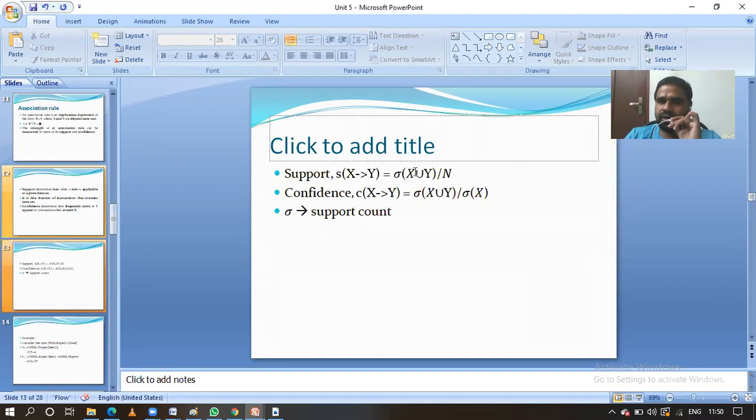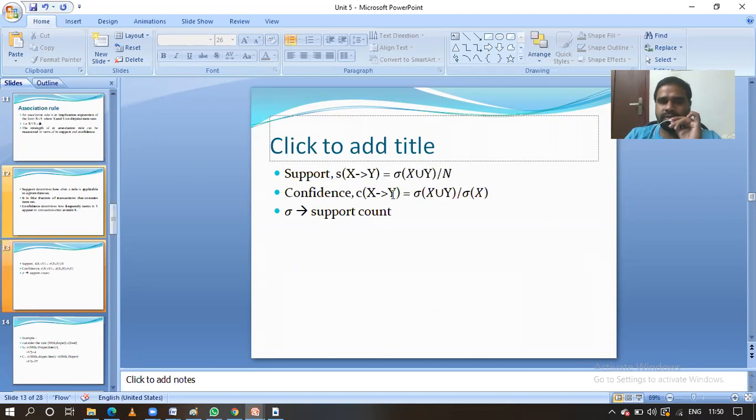Suppose X has some item set and Y has some item set; the combination means all the items in X and Y. That support count divided by the number of transactions is what we call the support.